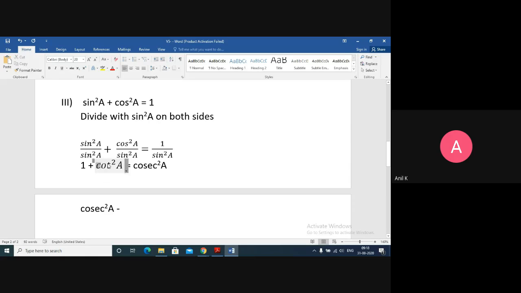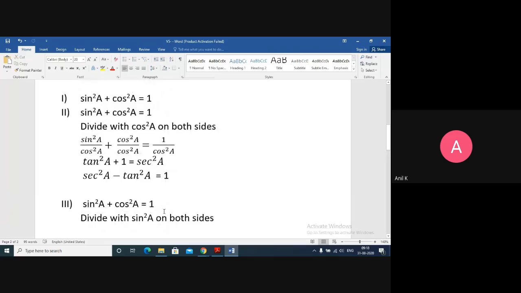Cosec square A minus cot square A equals 1. So these are the three identities. All these three identities we will use multiple times with different examples, and not only in the same form.